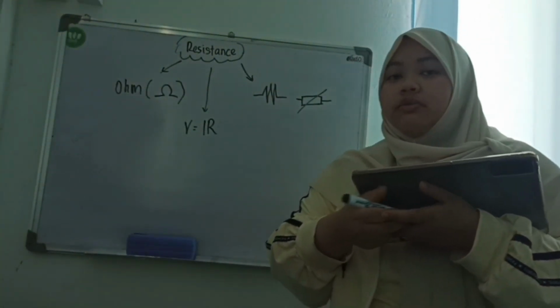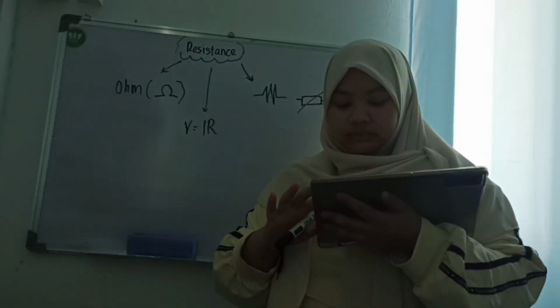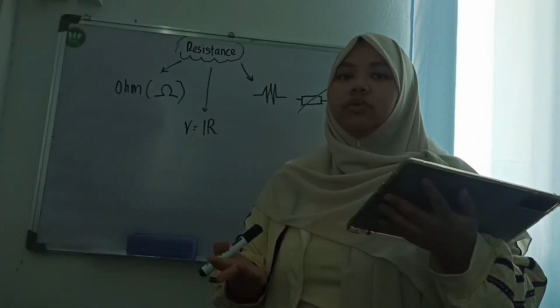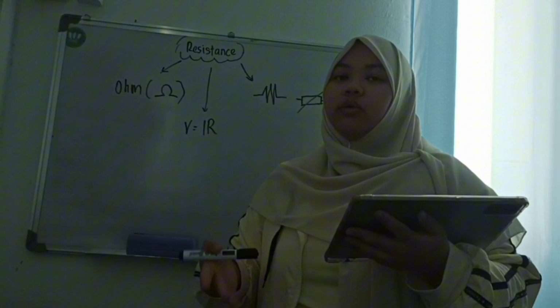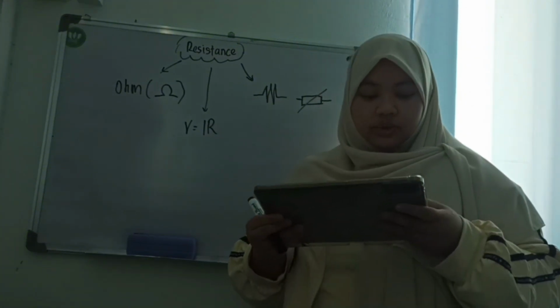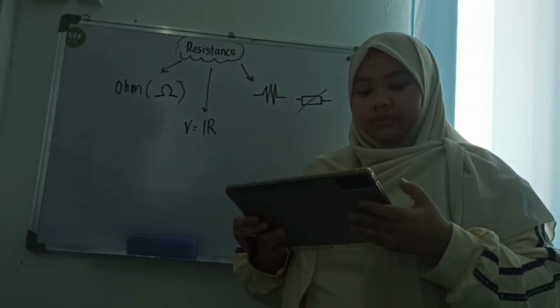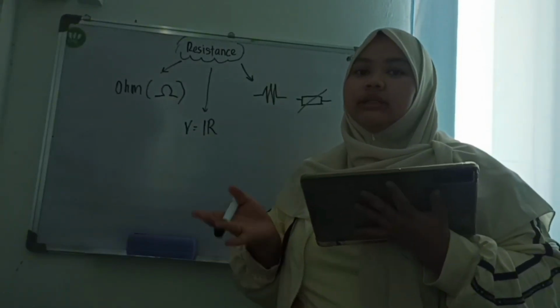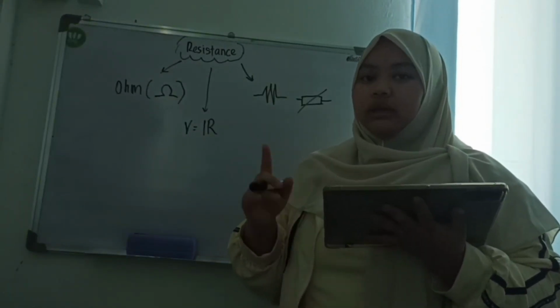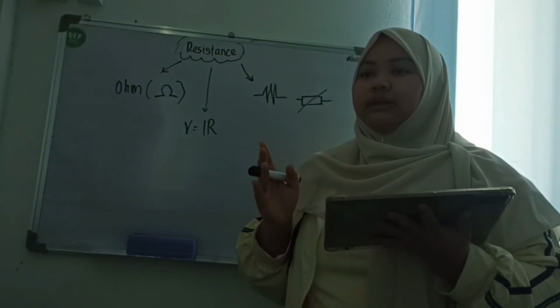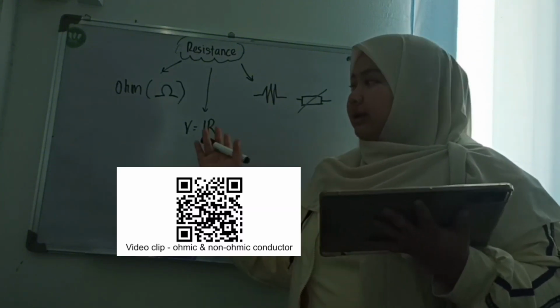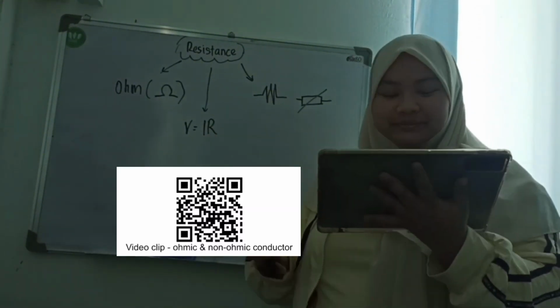Next, moving on, how do we know ohmic and non-ohmic conductors? I have provided a short video for ohmic and non-ohmic conductors, which I will provide the QR code here.